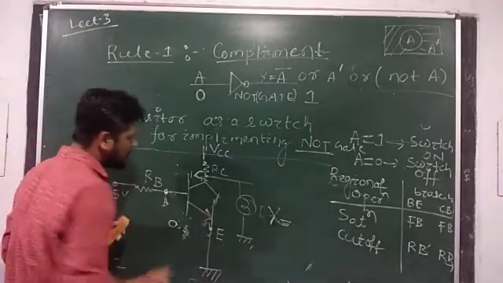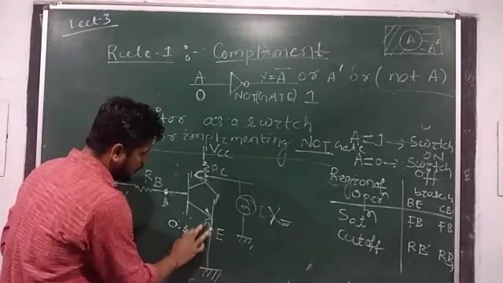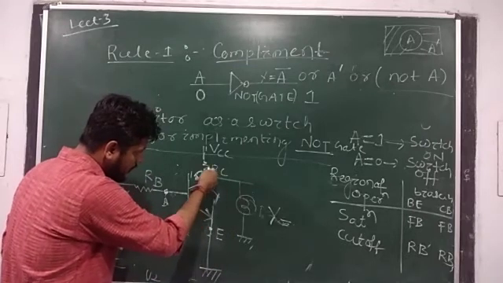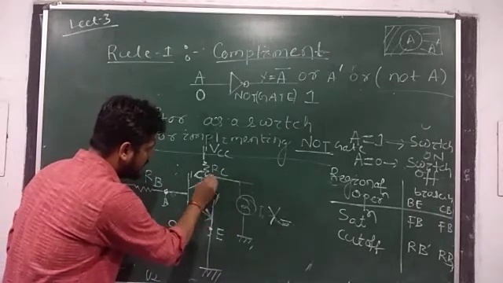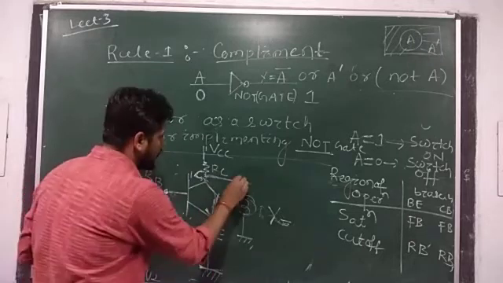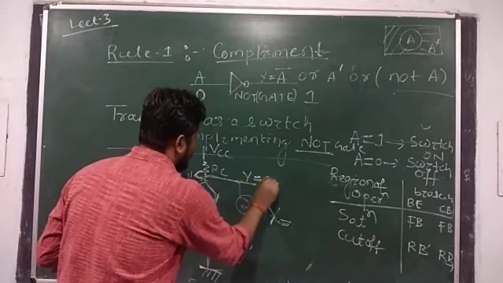Then what will happen if the transistor is on? See here, there is no resistance, so this path is connected to ground. Hence the potential appearing here, that is your Y, will be 0.